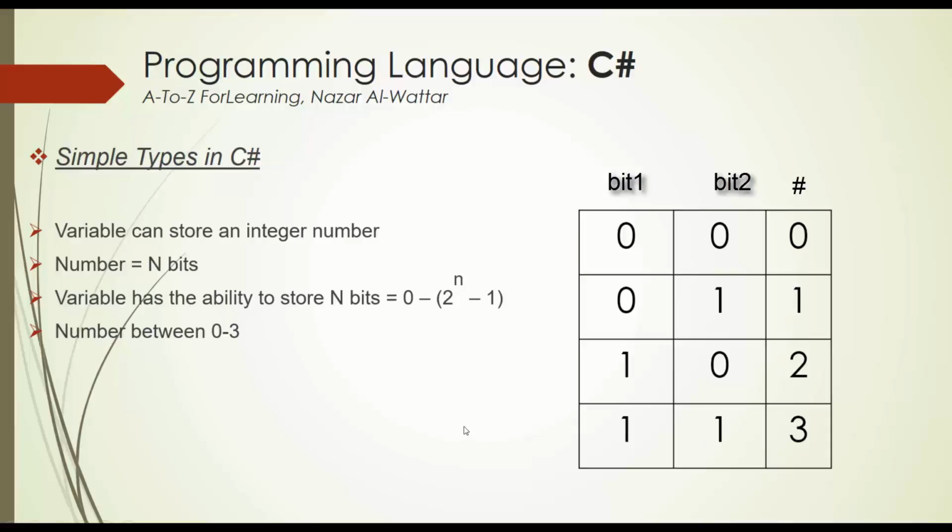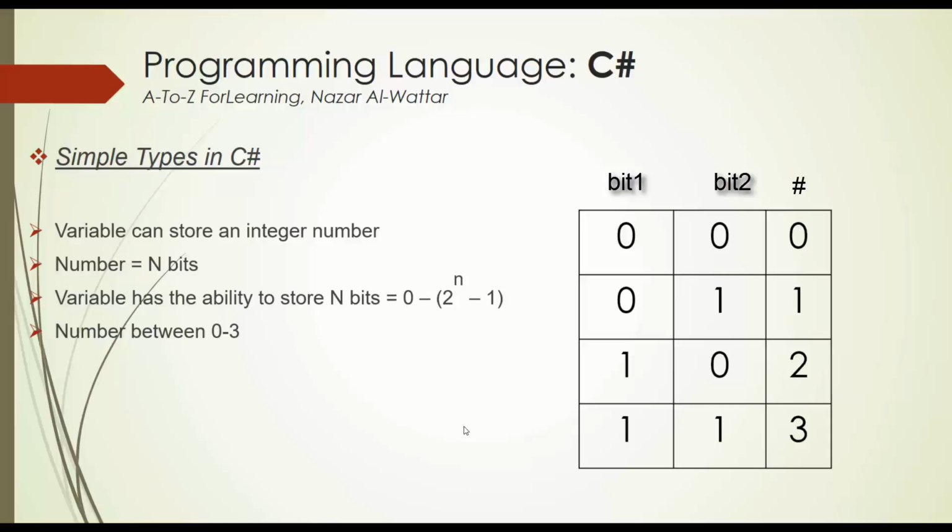If we have a number that consists of 3 bits, we will need a variable that can store this number of bits, between 0 and 2 exponential n minus 1.